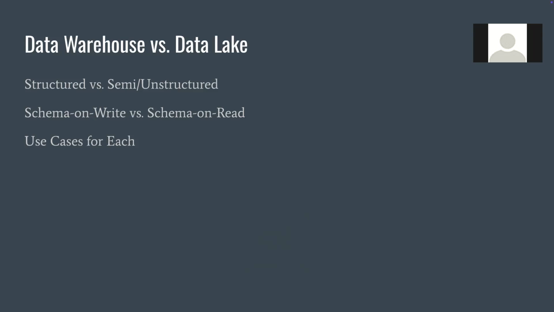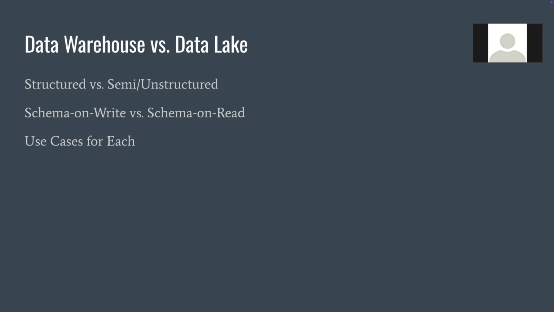Moving on, let's compare and contrast data warehouse versus data lake. So as data management evolves, many organizations also implement data lakes, and data lakes are large stores of unstructured or semi-structured data.